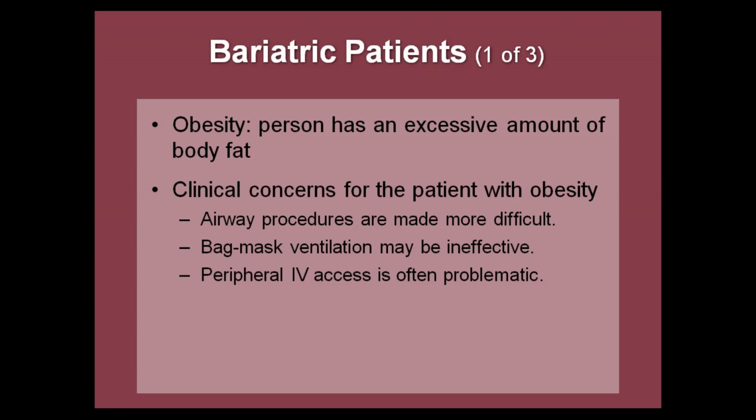Peripheral access is often problematic. If you haven't already experienced that in some of your clinicals, those veins could be a little bit deeper. They may appear closer to the surface than they actually are, or they may have poor vasculature, so you may not be able to find a vein in some of the normal spots that we typically go in, like the ACs, the forearms, the hands, the wrists.